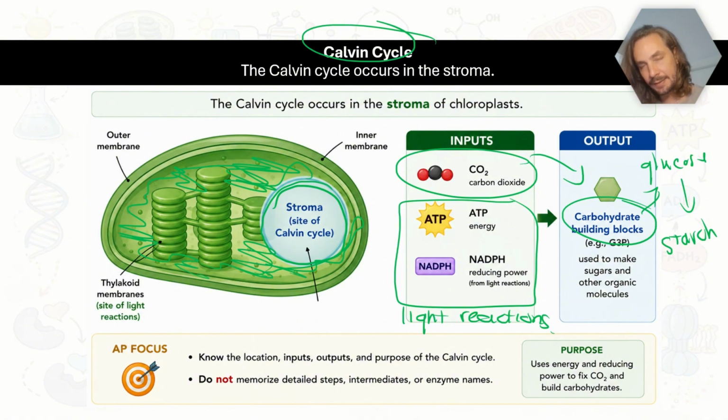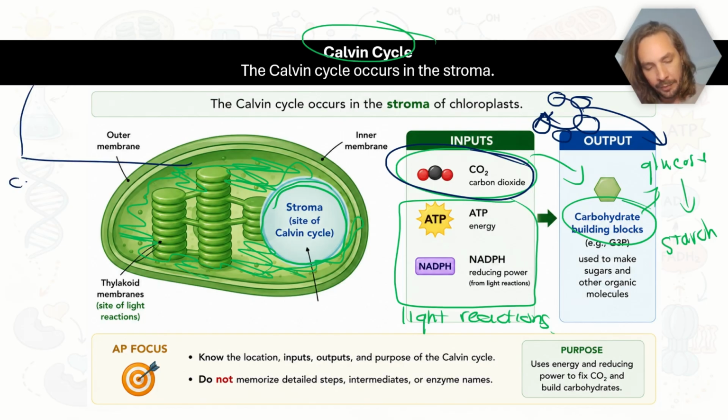Now, what it does, it has a carbon fixing enzyme. So it takes the carbon dioxide and it basically builds a glucose molecule. And in order to do that, because carbon dioxide as a reactant has a much lower energy than glucose, you can see that it requires energy.